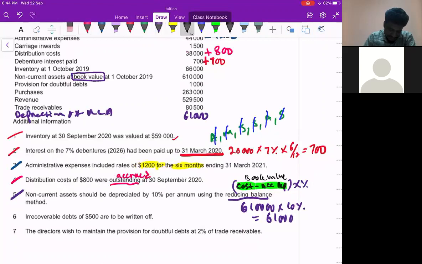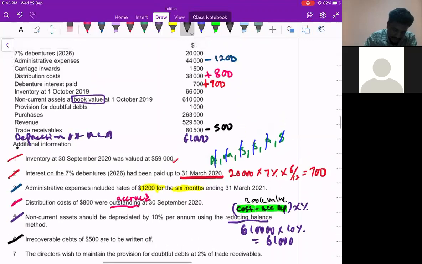Okay, number 6, irrecoverable debt 500 to be written off. Irrecoverable debt means you're supposed to go here and minus the trade receivable 500. After that, you write here: do you have an irrecoverable debt here? If you got an irrecoverable debt here, go plus that. If you don't have, then create a new one.